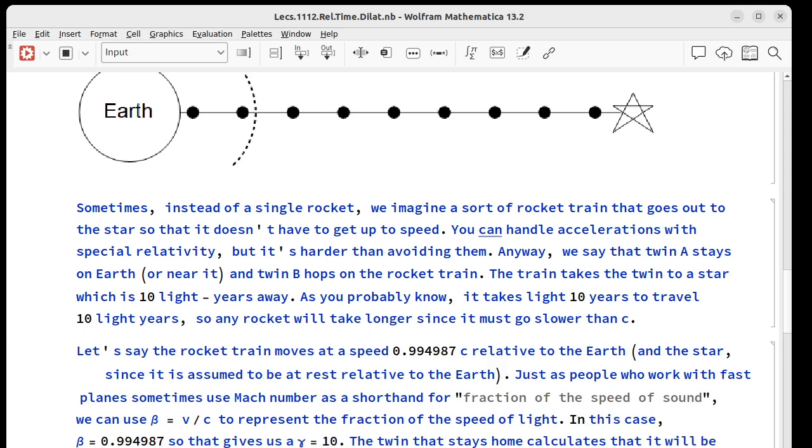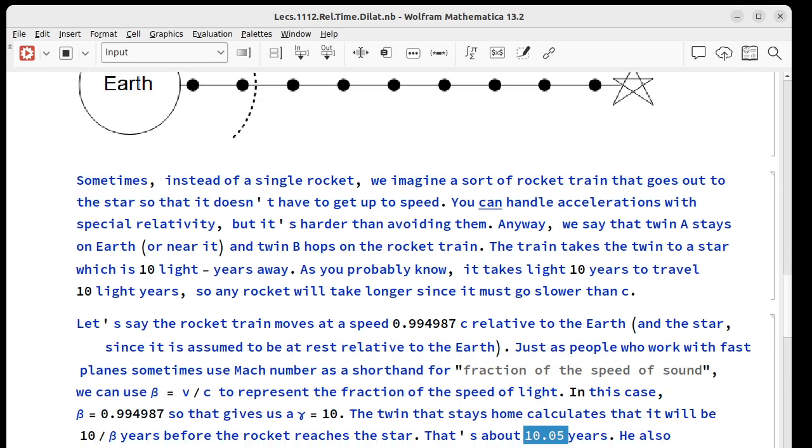So that's just over 10 years, because remember, we're traveling very close to the speed of light. The twin that stays at home also says, because the clock is so slow on this moving train, the traveling twin is going to only age 1/10 of that. So it'll take 10.05 years to get there. He's going to age 10.05 divided by gamma, about a year.